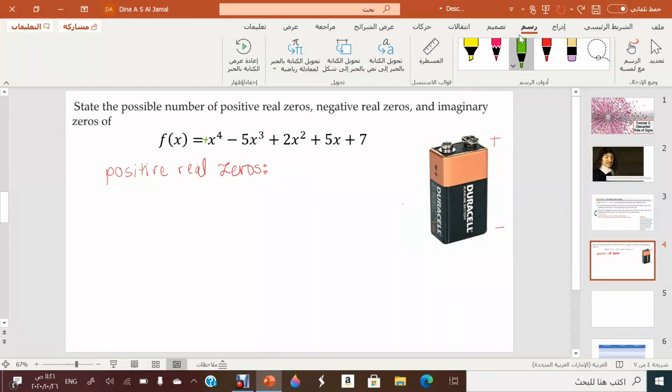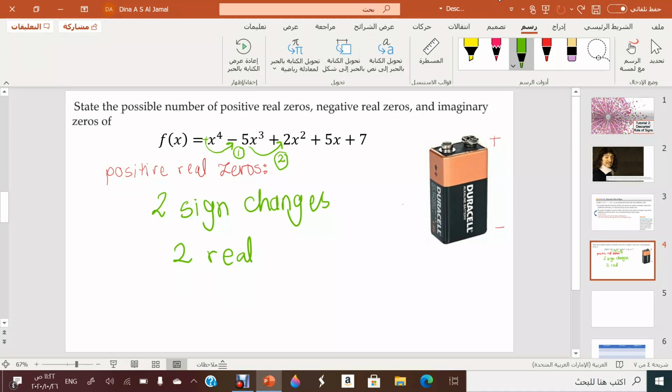Here I have positive, negative, so one sign change. Then negative and positive, another sign change. So for the positive real zeros, you have two sign changes. That means you have two real zeros that are positive.